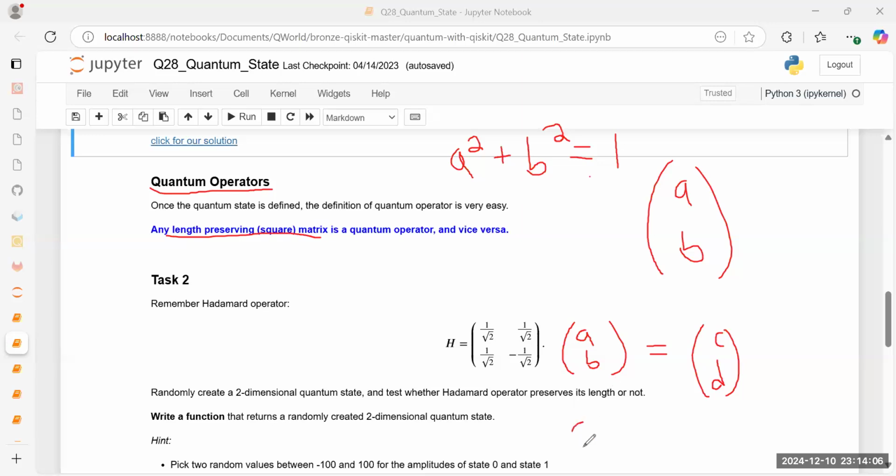So c squared plus d squared should be equal to 1. Yes, c squared plus d squared should be equal to 1.